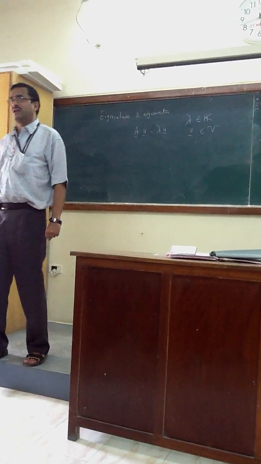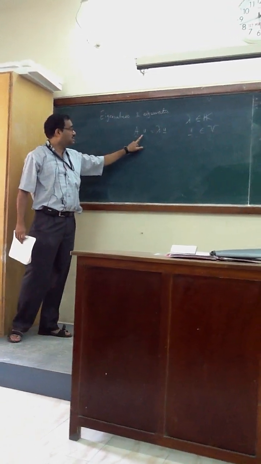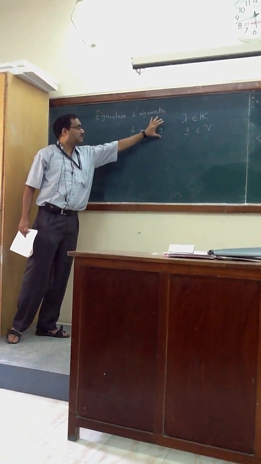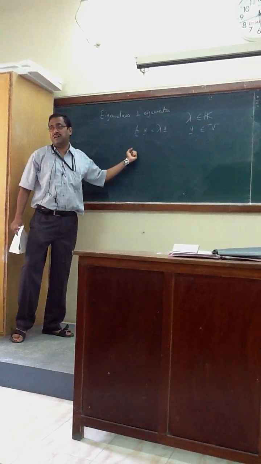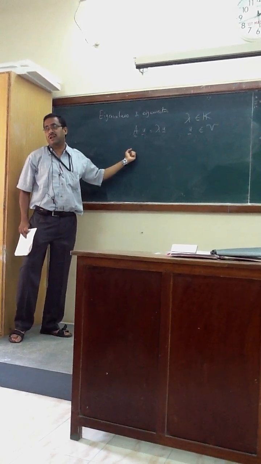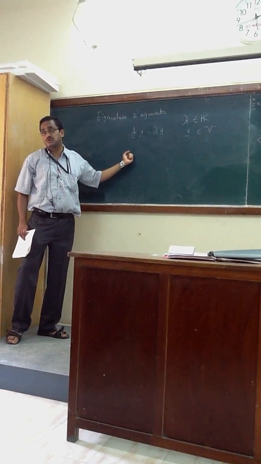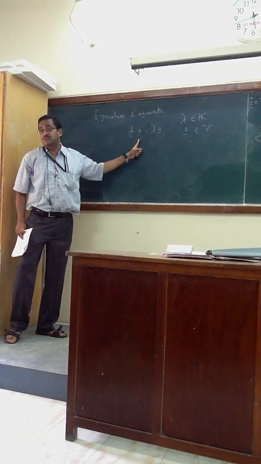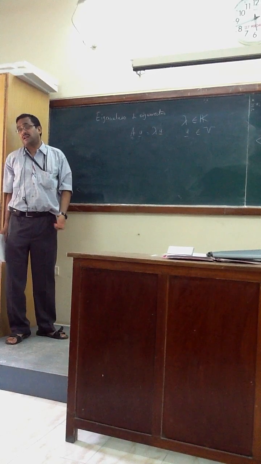Lambda is such a value that if you multiply this u by the matrix, the vector is magnified. So this matrix is acting as a magnifying glass. This is a lens. For all the vectors, this matrix will not act as a magnifying glass.